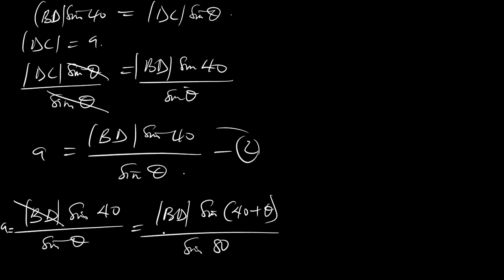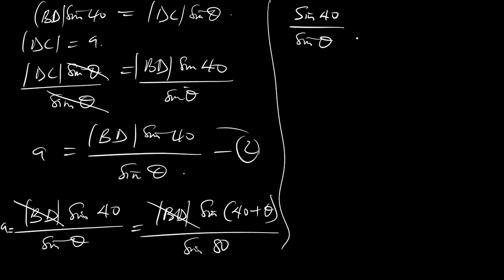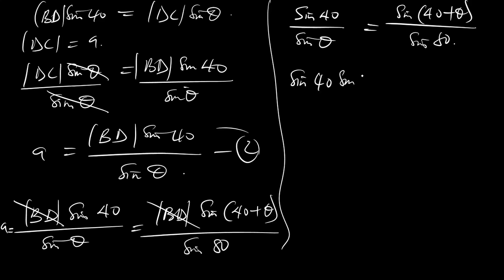So BD will cancel each other. We now have sine 40 divided by sine theta is equal to sine 40 plus theta divided by sine 80. If we cross multiply, we now have sine 40 times sine 80 equal to sine 40 plus theta times sine theta.